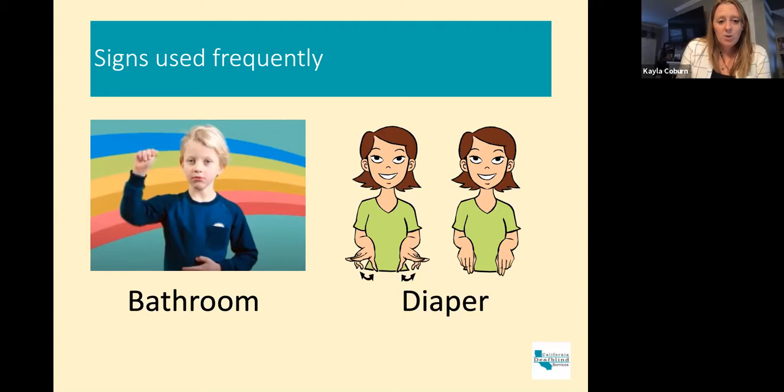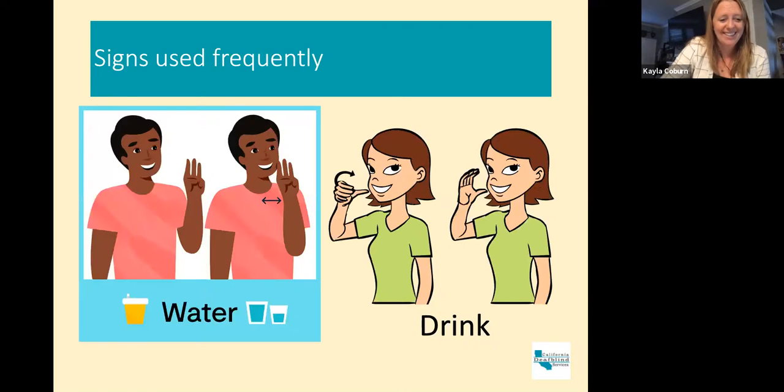If your child is in diapers and you want to explain that you're changing their diaper, you can do that. Or if you're bringing the child to the bathroom, you can have them sign bathroom. The good thing with bathroom is that you can eventually try to get them to ask to go to the bathroom, but that's a whole other learning session of potty training.